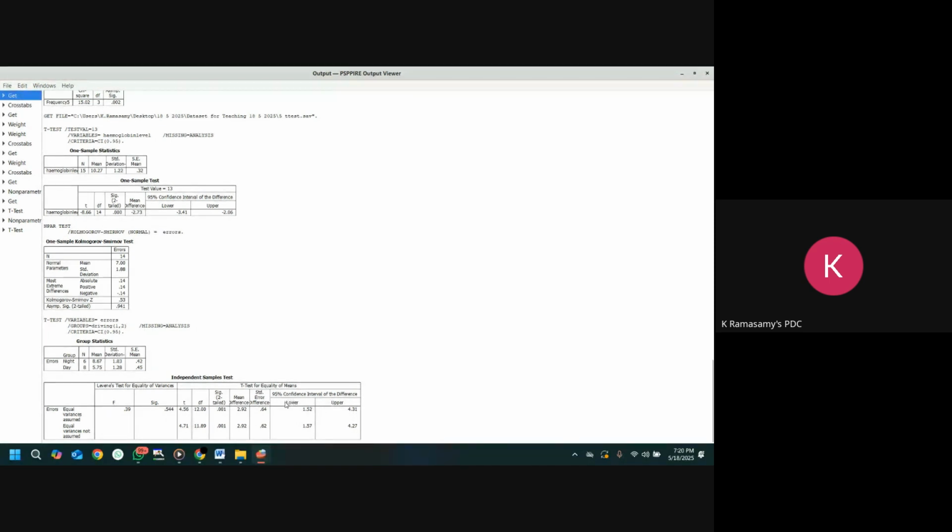So this is a population figure. Based on the data collected from just 14 respondents, the t-test projects what would happen if data were collected from the entire population. Then what would be the mean accidents of the entire population? The population mean may vary between 1.52 and 4.31. So that is what the independent samples t-test is all about.